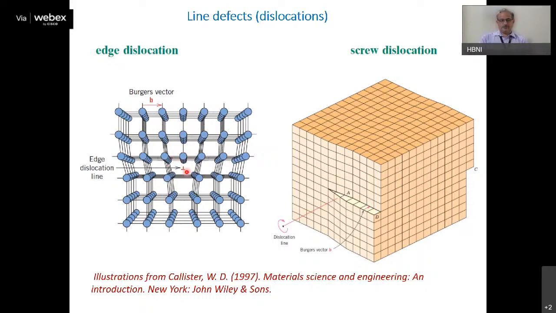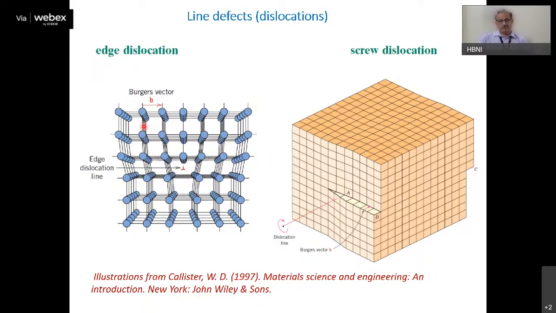In this case, there will be some distortion in these unit cells. If you try to make a loop, for example, far away from this defect, going with some magnitude in this direction and this direction, all the vectors will be the same.